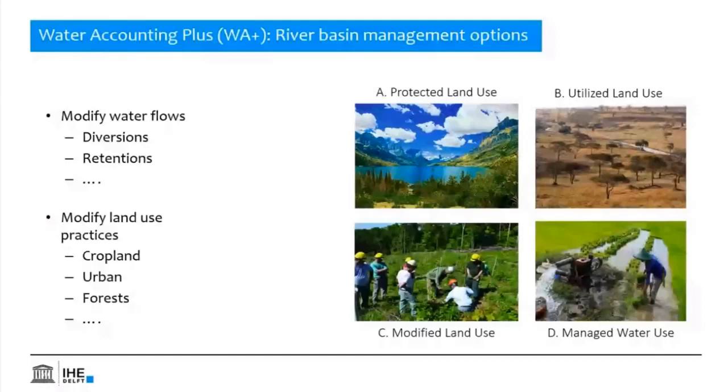I see some utilized land use also. The main difference between utilized land use and modified land use is that once you modify the land surface, like changing the type of vegetation or the type of surface cover, it is modified. For utilized land use, people still have access to it, but the land surface is not modified. So that's the idea of these four types of land use.